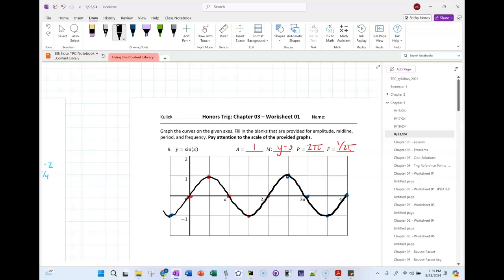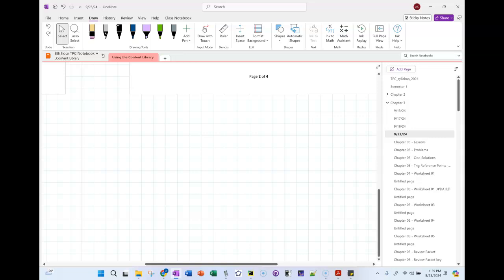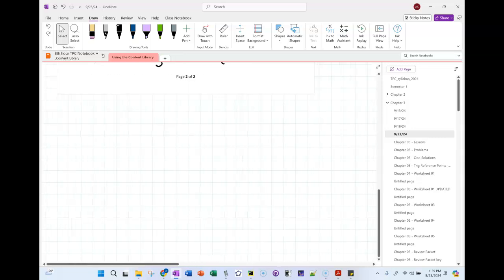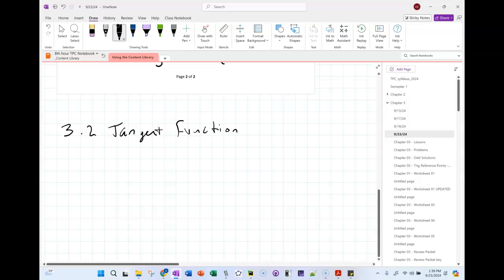All righty then. Today, we're going to start 3.2, which is all about the tangent function. So we're going to do two types of problems for the tangent function.